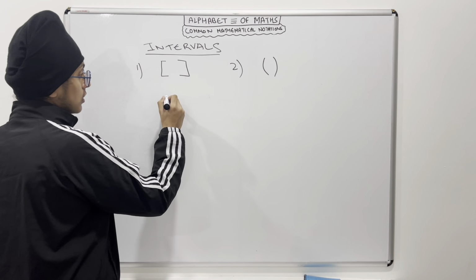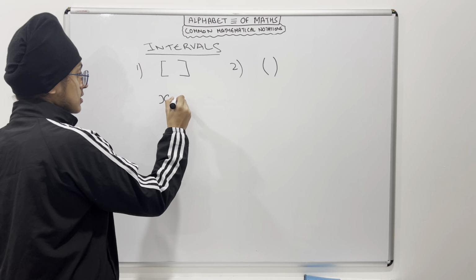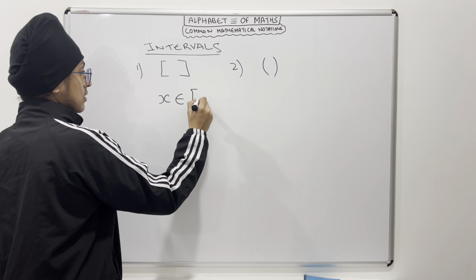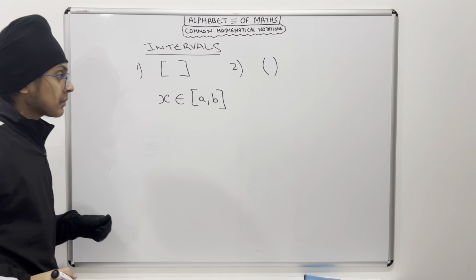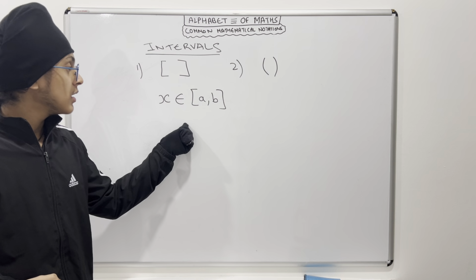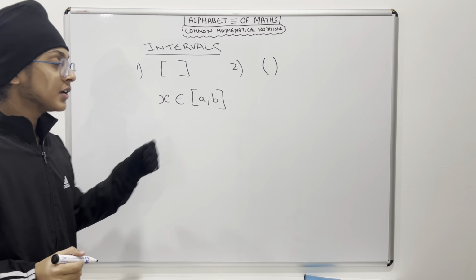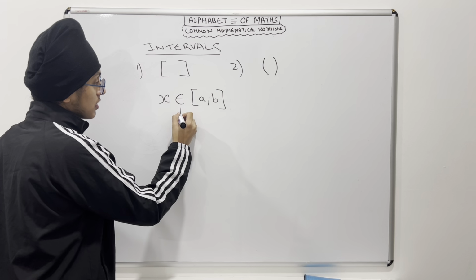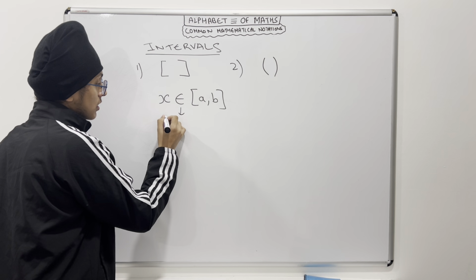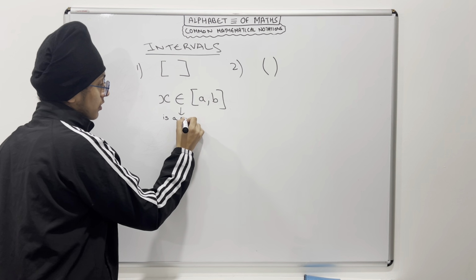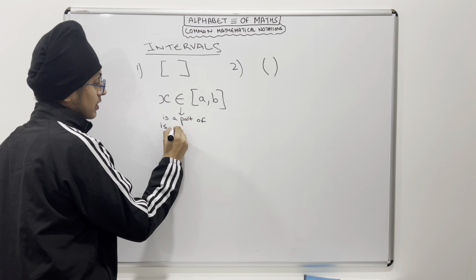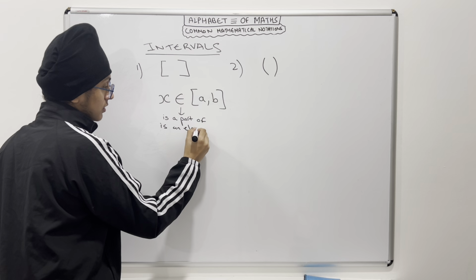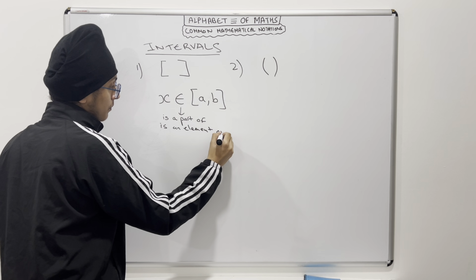For example, I'm going to write x, and what does this sign mean? This sign comes from the set theory and is used to say is a part of. It can also be said is an element of.